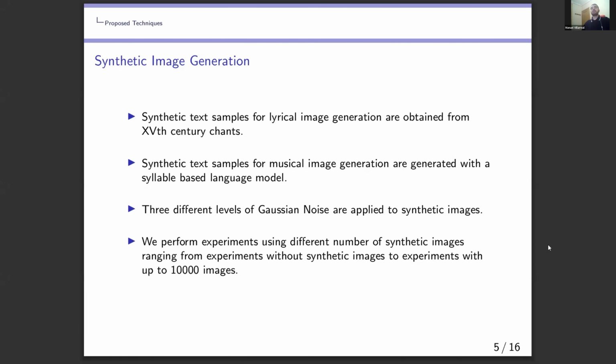There are three different levels of Gaussian noise that were applied to these synthetic images to generate some distortions and be able to approximate in some manner real images, real historical data. And we perform the experiments using a varying number of synthetic images, from baseline experiments that don't use synthetic images at all to experiments with up to 10,000 synthetic images.